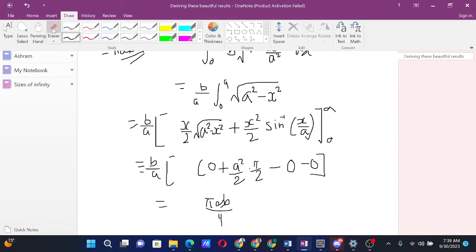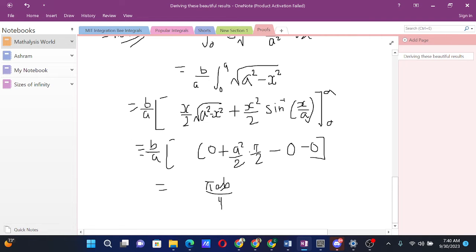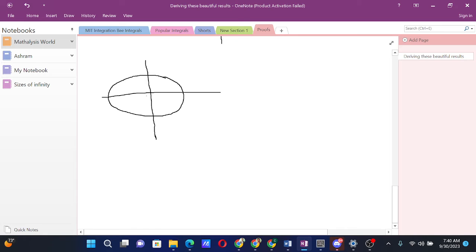Now let's move on to the circumference of the ellipse. For the circumference, we have this whole length as a, the focus over here at c, and over here b.